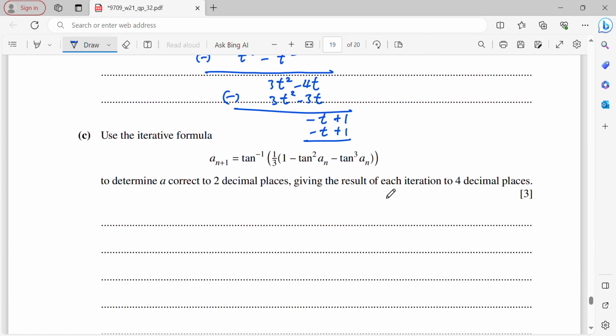Now part C, use the iterative formula a with subscript n plus 1 equals to inverse tangent of this term to determine a correct to 2 decimal places, giving the results of each iteration to 4 decimal places.